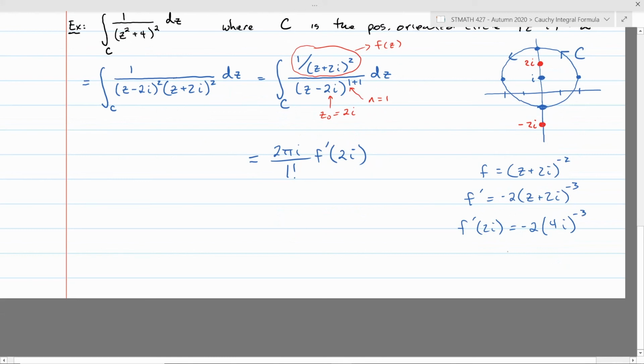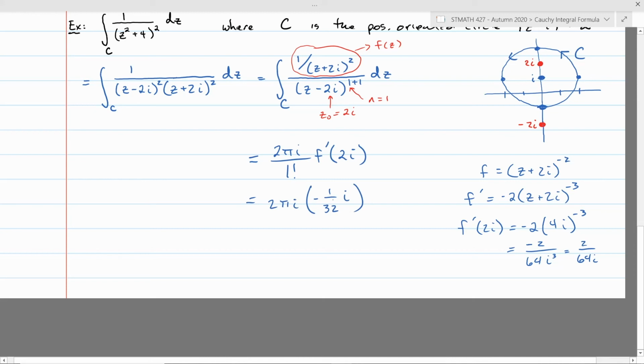What does that work out to be? Well, we know it would be negative 2, and then you'd have 64 i cubed in the bottom, so that's positive 2 over 64i, so negative 1 over 32i. So this will be 2 pi i times negative 1 over 32i.